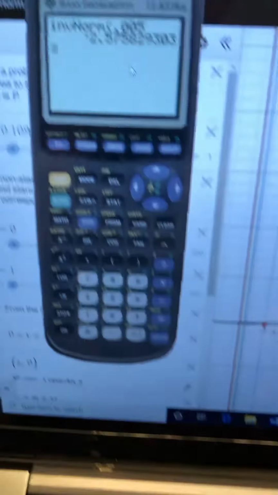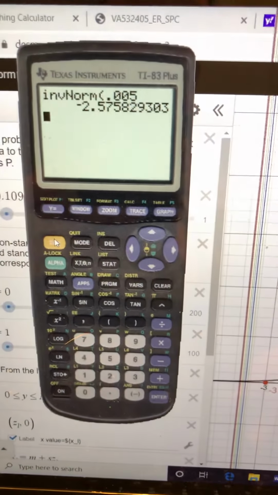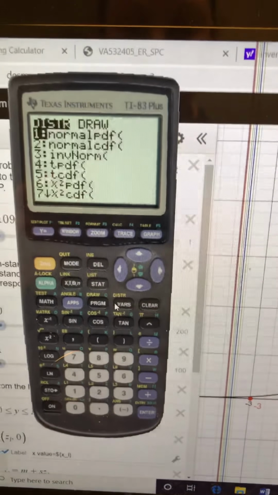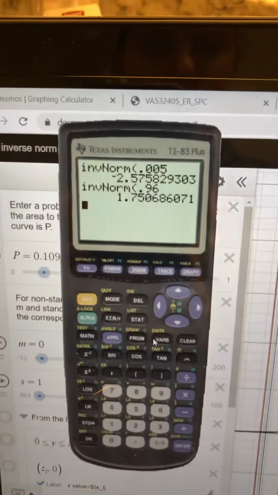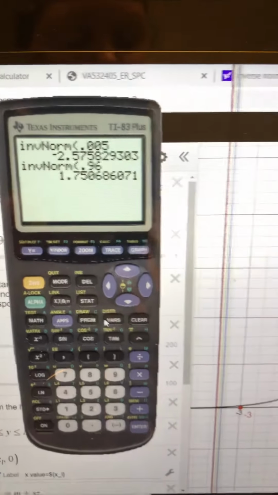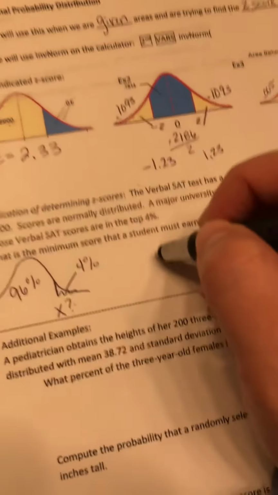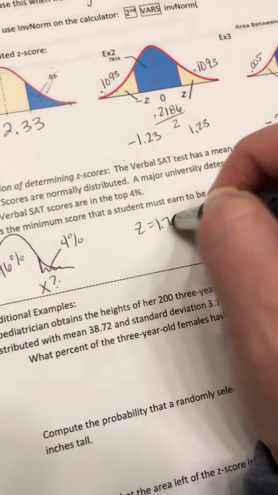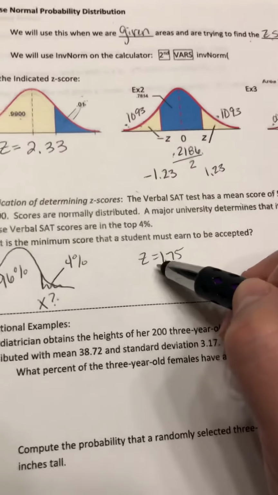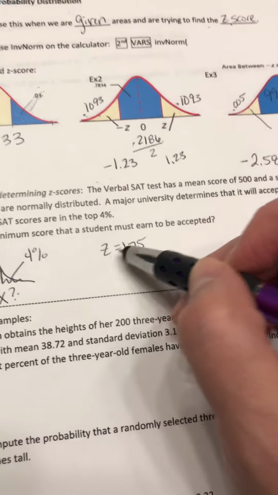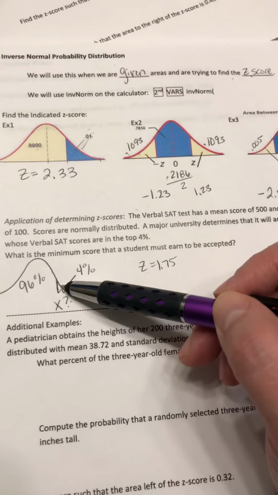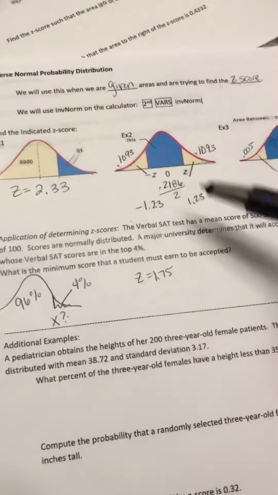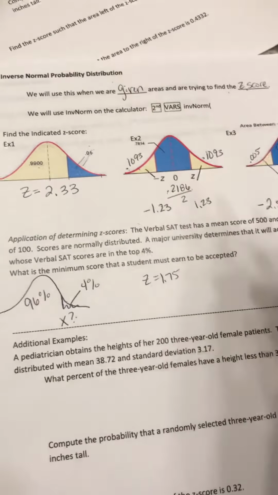So I can go over here and do second vars, inverse norm of 0.96. And that gives me Z, it's 1.75. But I'm not completely finished. Z is 1.75, which means I need to be 1.75 standard deviations above the mean, but that doesn't answer the question. What's the score that I have to have?